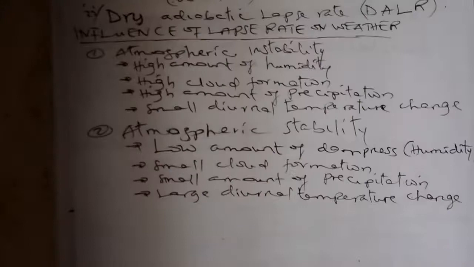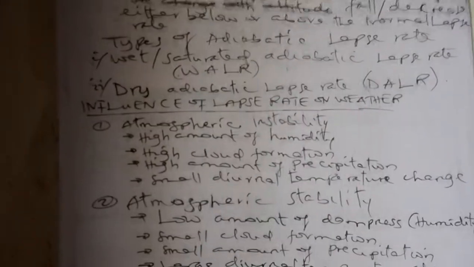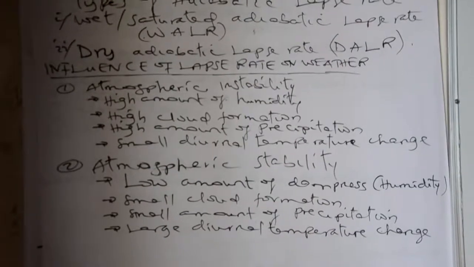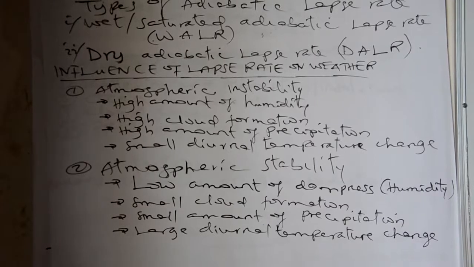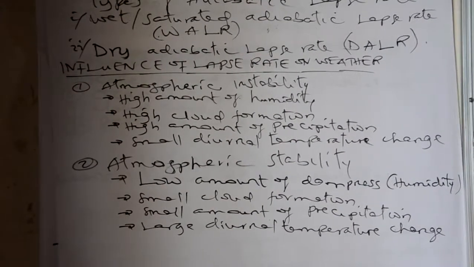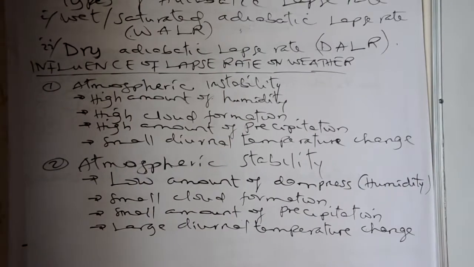Because the air is wet in nature and is forced by strong winds, but it cannot cross the normal and comes below the normal because it consists of dampness or water. That's why it's called wet adiabatic lapse rate.